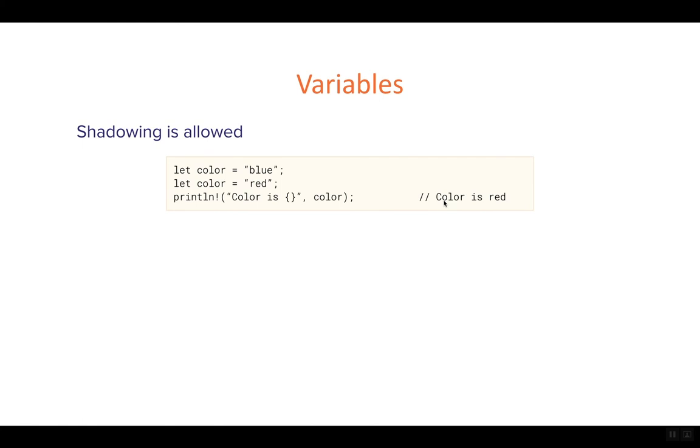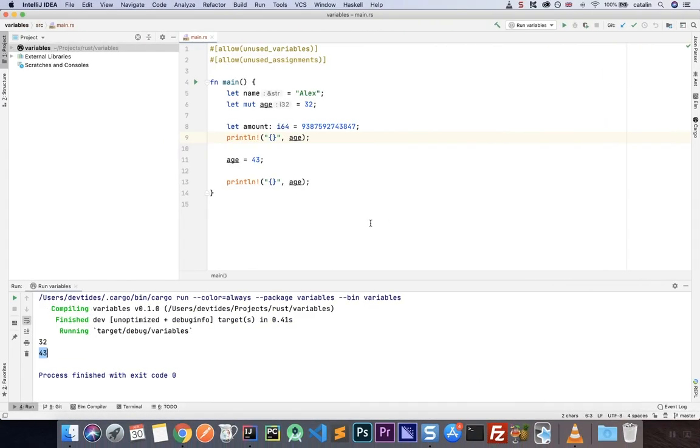Now, importantly here, shadowing is allowed in Rust. So we can declare the same variable name twice, and we reassign that variable name. So let's try that out for ourselves. I'm going to say let color equals blue with double quotes.